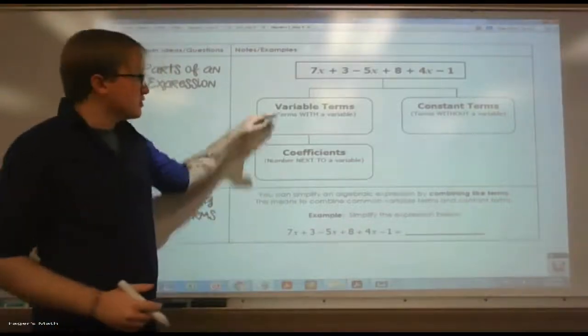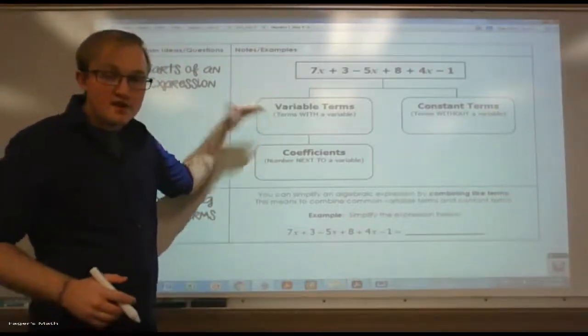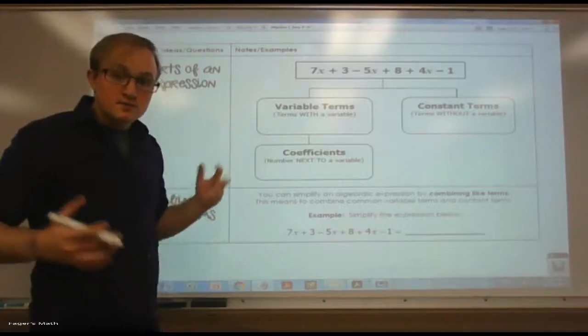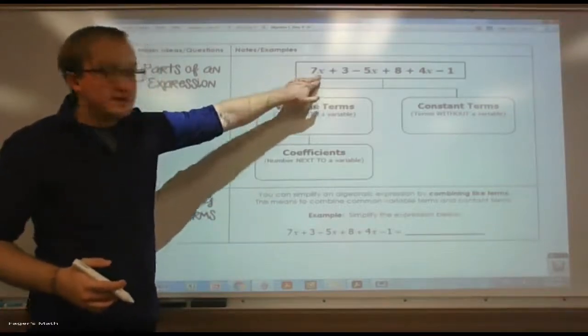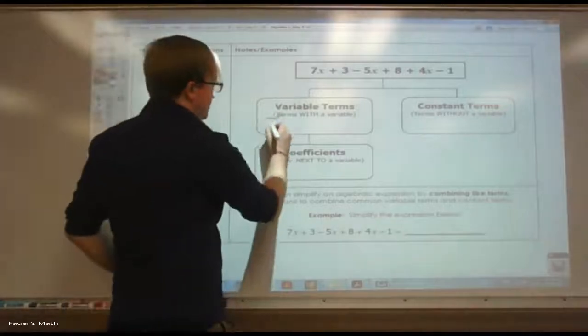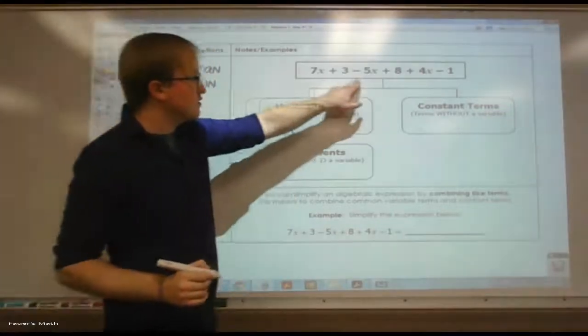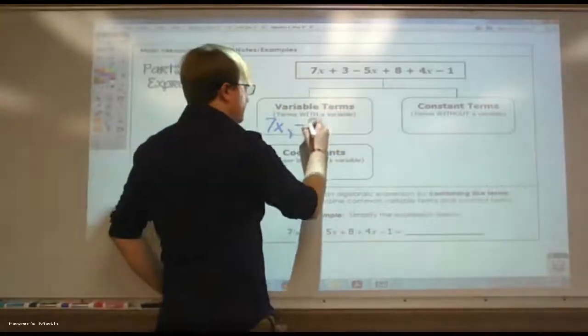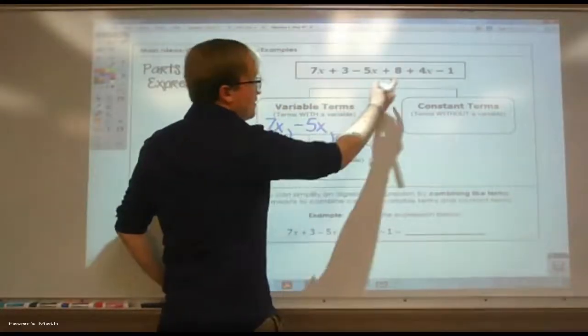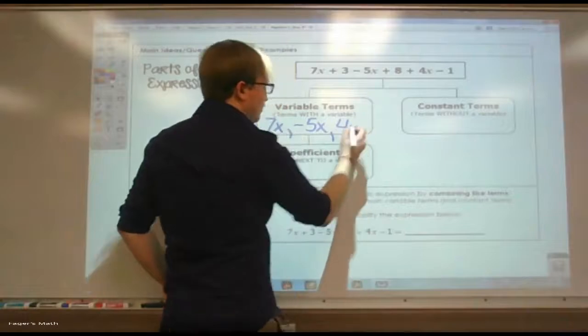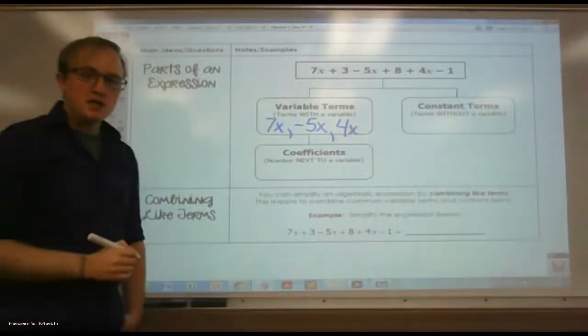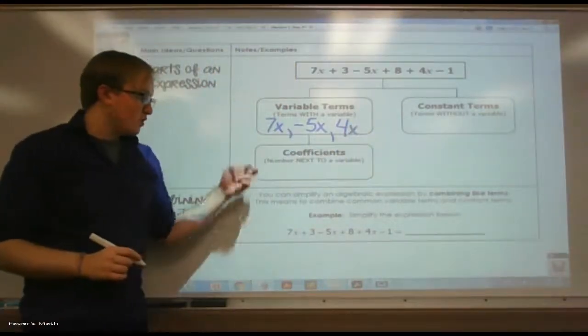Well, let's look at variable terms. Obviously, these are terms with a variable. So what terms have those? Well, 7x is a variable term. What else? As I look over, there's negative 5x, and then 4x. Even more, we can narrow this down by asking, what are the coefficients?